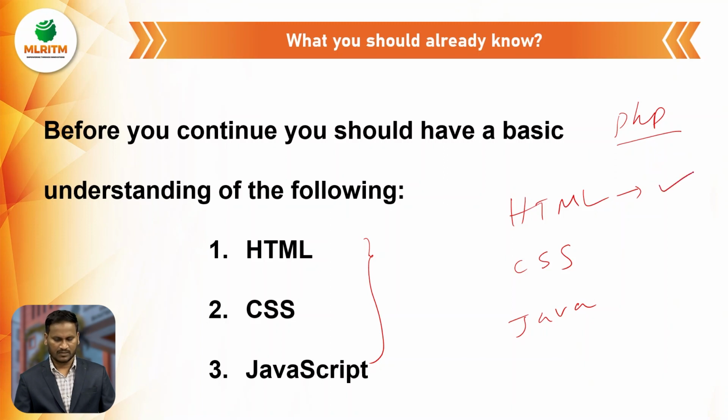HTML, hypertext markup language, we use for making the web. CSS, cascading style sheets, makes the code more elegant; we use it for styles. JavaScript is used for client side programming of the website. So these are the three things we should know before learning PHP.